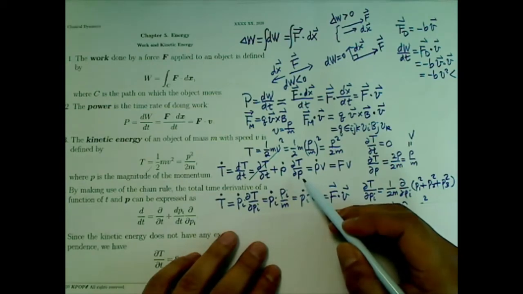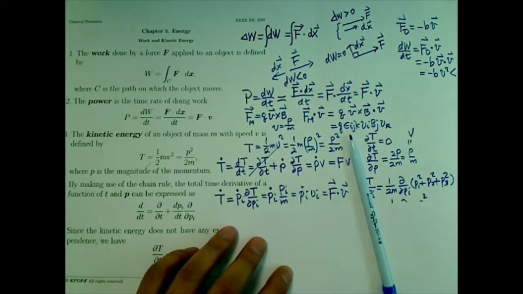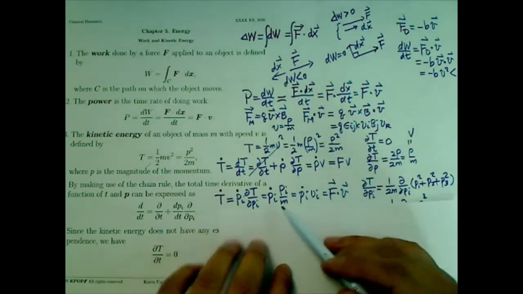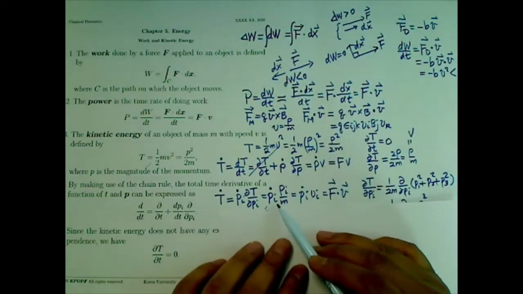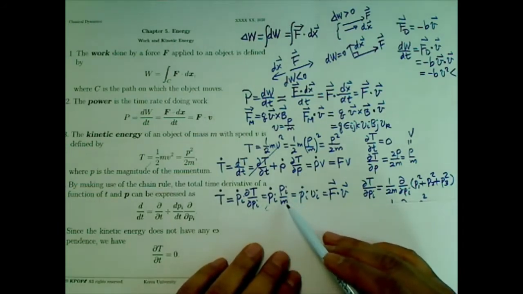In the 3-dimensional case, we have 3 derivatives regarding p1, p2, and p3, and we take the time derivative of pi. Therefore, this one is pi dot, and this one is pi over m.